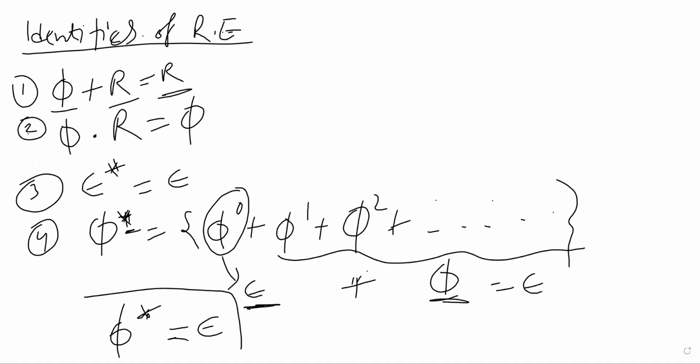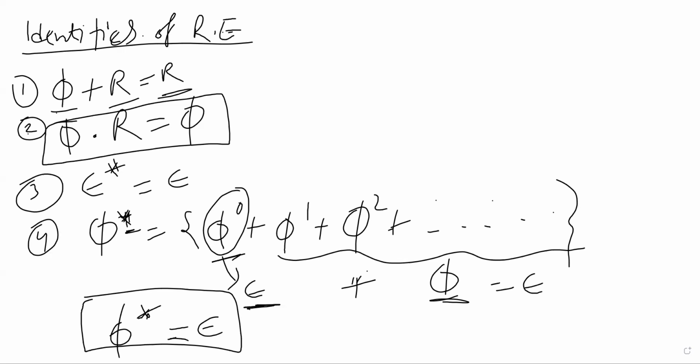Phi closure is epsilon. This is very important. Phi closure is not phi. Phi closure is epsilon. Do you understand why phi closure has become epsilon? Phi closure means 0 or more times. Phi can come 0 times, 1 time, 2 times, and so on.